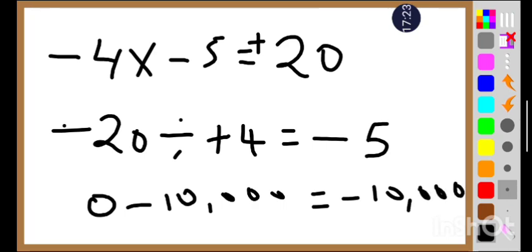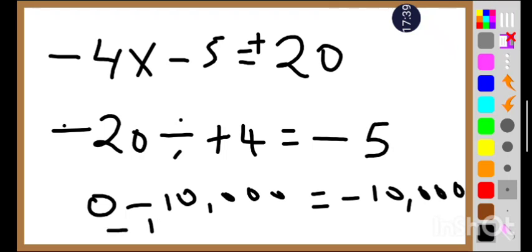Now, if you have 30,000 francs and you come and put it back in your account, what do you think will be the balance in your account? Your account now is at negative 10,000.